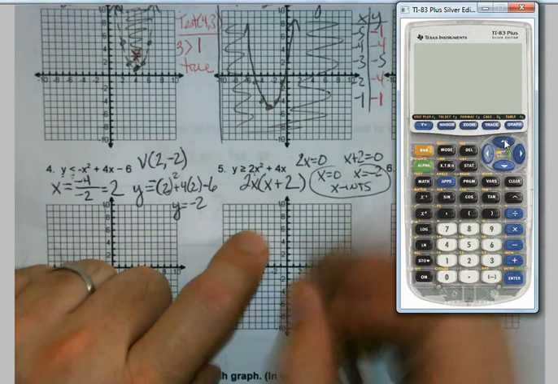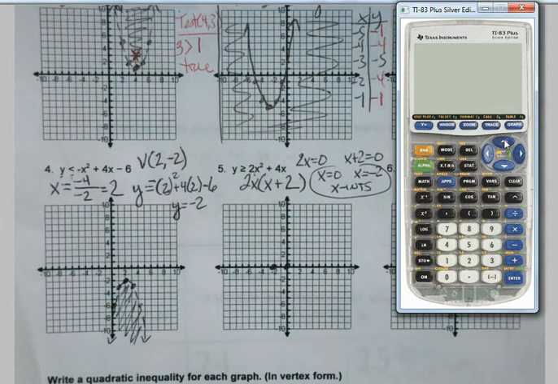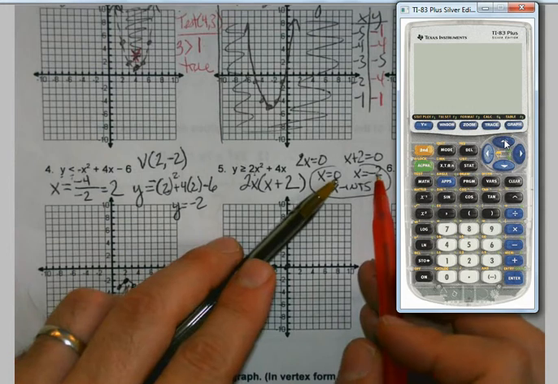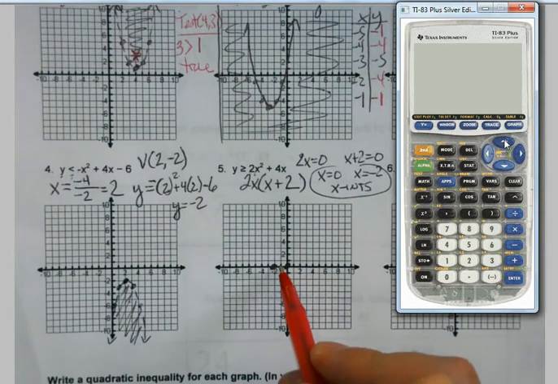So my x-intercepts would be at 0 and negative 2. And then if you remember back to when we were doing this earlier in the unit, it's like, oh yeah, now the vertex is going to be in the middle, and that's what I've got to find. So basically, I'm finding the midpoint of these two, which just would be at negative 1.